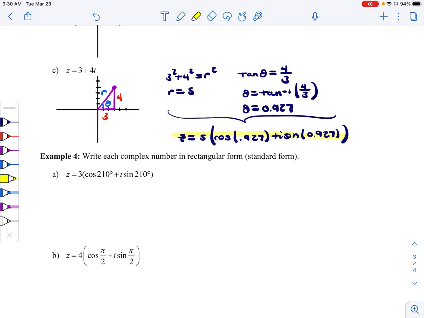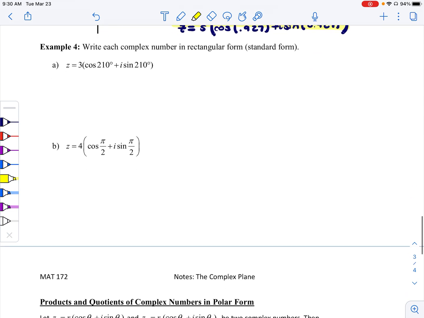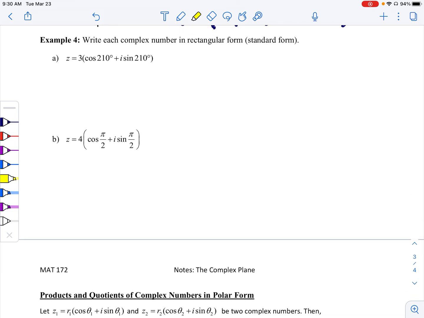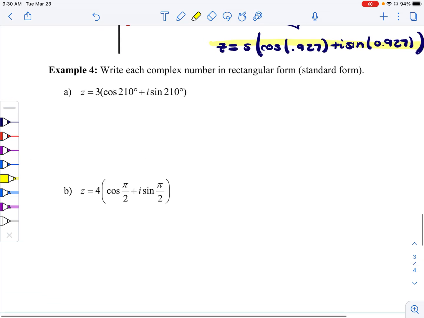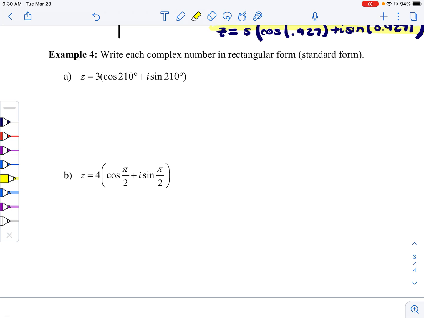Then going the other direction, if we have a complex number in polar form and we want to rewrite it in rectangular form or standard form, you might see it referred to as, this is actually really easy. All we need to do is evaluate our trig functions at the given angles. In this case, for example, we have 3 times the quantity cosine of 210 plus i sine of 210.